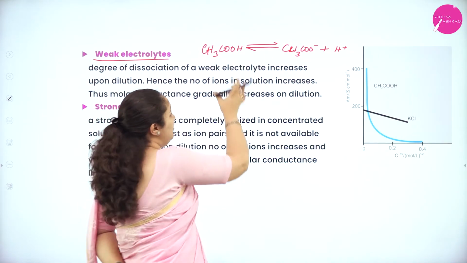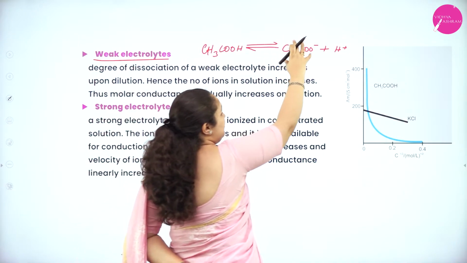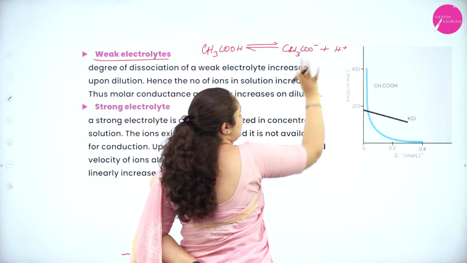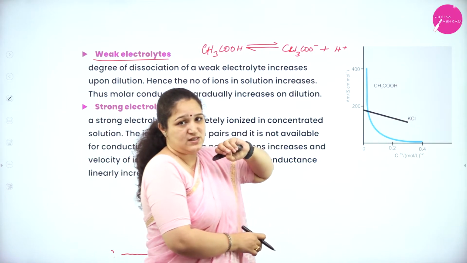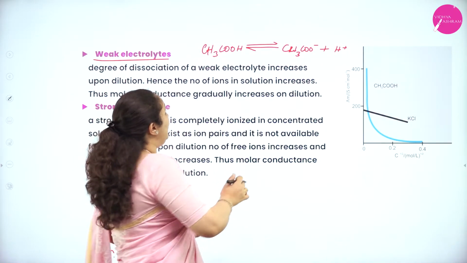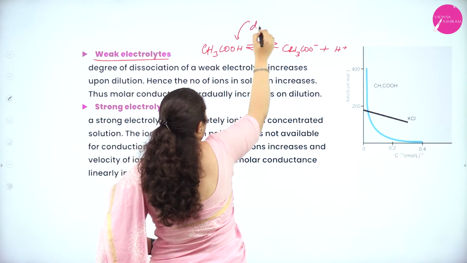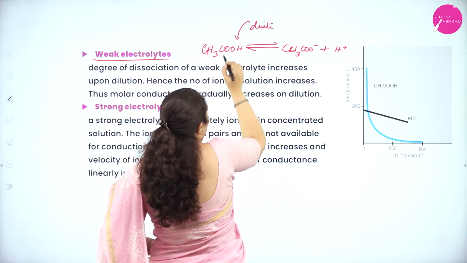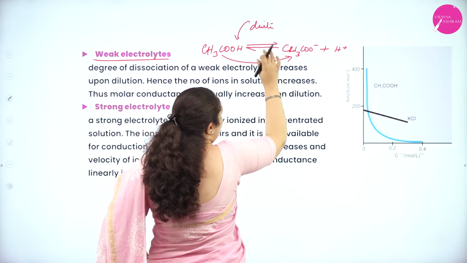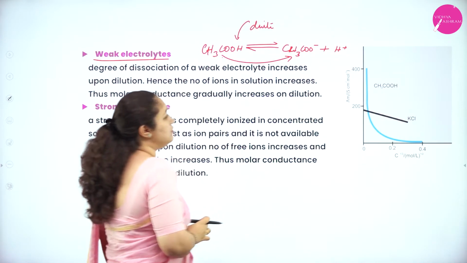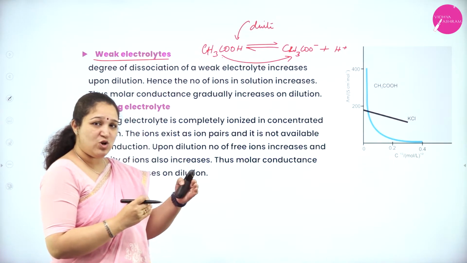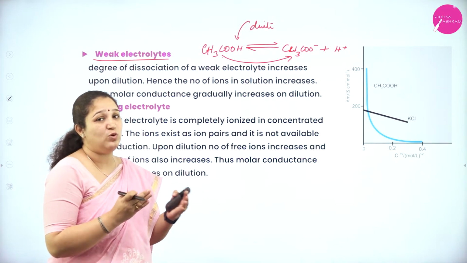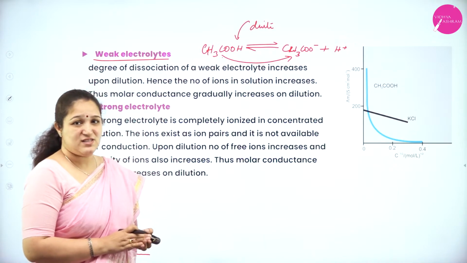So, there are some molecules of acetic acid, some acetate ions and some H plus ions. Now, these ions are responsible for conductance. Correct? Now, I'll dilute this. If I dilute, it will increase the number of ions, and when the number of ions goes on increasing, obviously the molar conductivity will increase, isn't it?